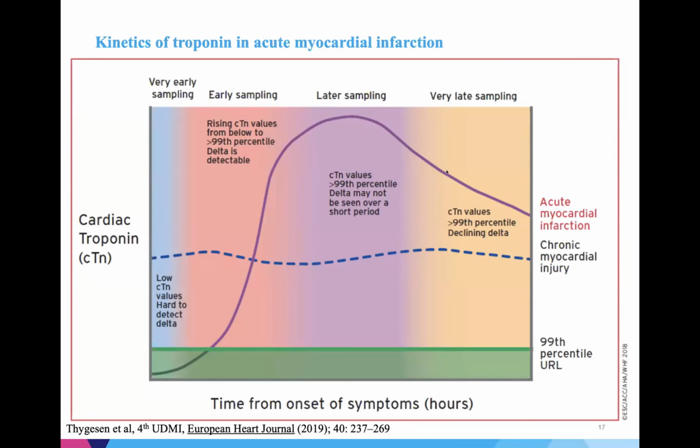There's going to be an initial sub-detection rise of troponin, and depending on the sensitivity of your troponin assay, you may or may not appreciate this early rise before it gets above the 99th percentile, the upper reference limit of normal. It's going to continue to rise until it plateaus and then slowly downtrends. And you can see here that the complete washout of troponin is much, much slower than the initial acute rise.